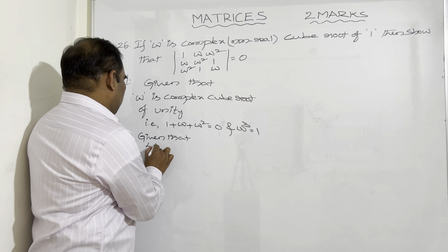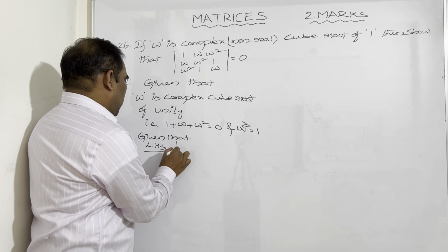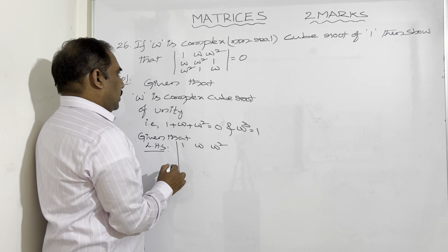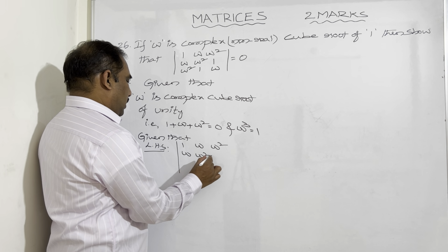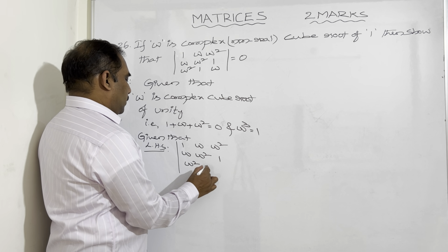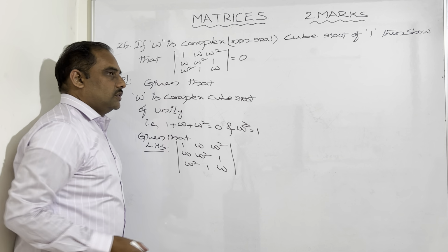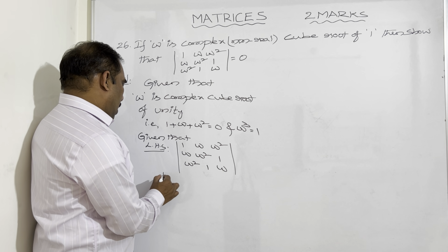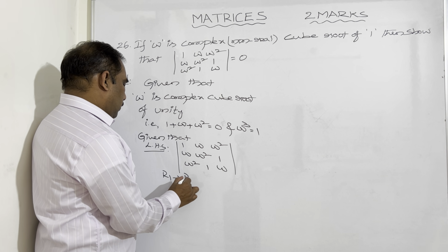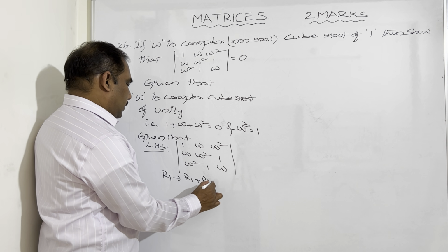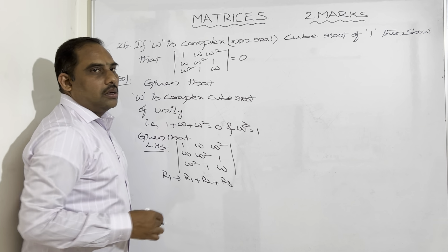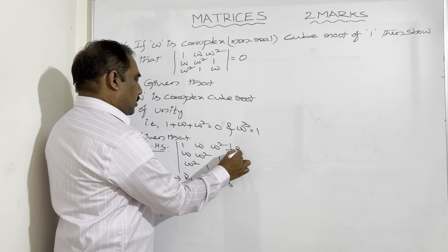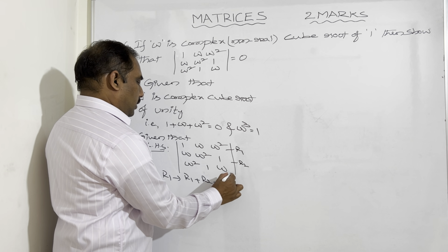Now given that, I am considering the LHS: the determinant of [[1, omega, omega square], [omega, omega square, 1], [omega square, 1, omega]]. Now what I am doing here is applying the row operation R1 to R1 plus R2 plus R3. This is R1, this is R2, and this is R3.